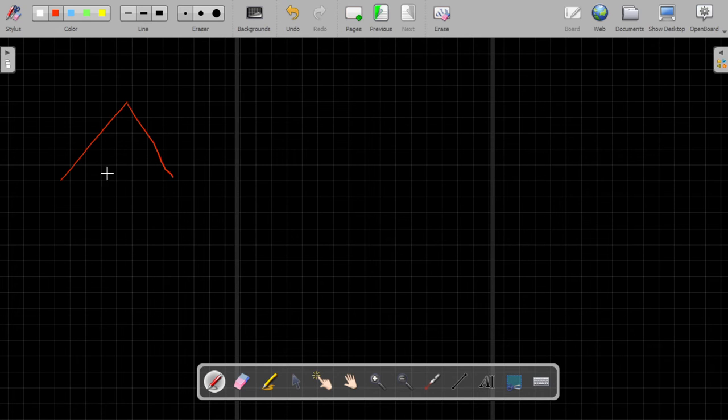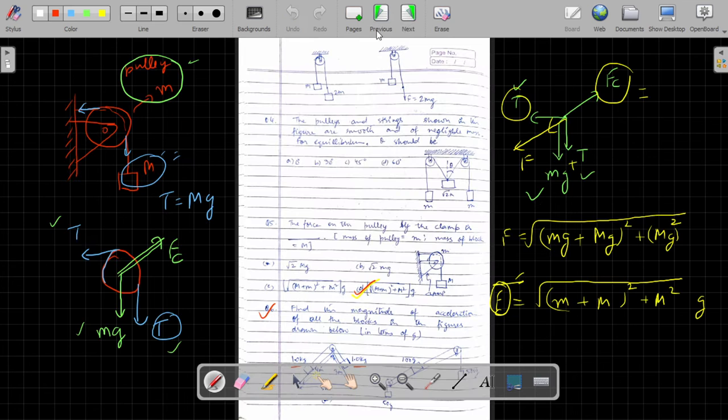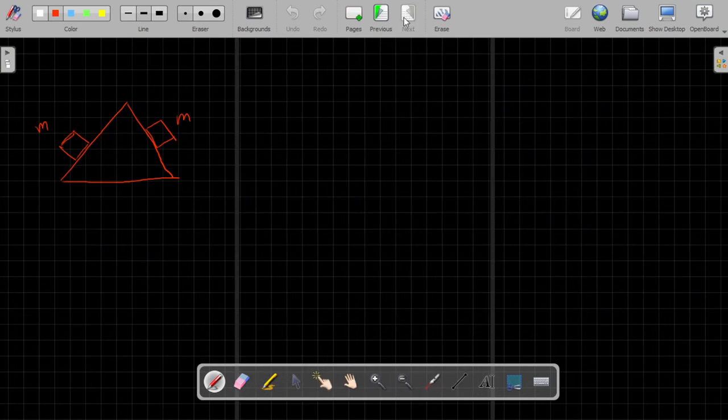So you have a block of mass m, and both the blocks have the same mass. Okay, so both the blocks have mass 1 kg.